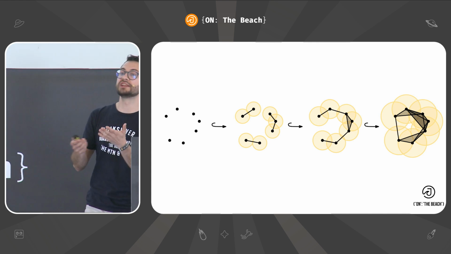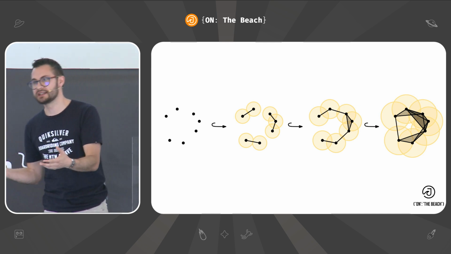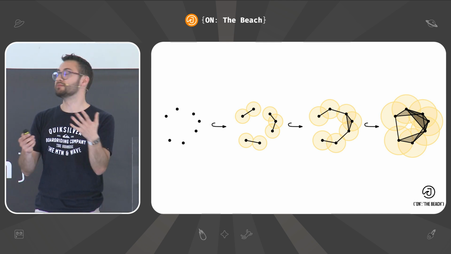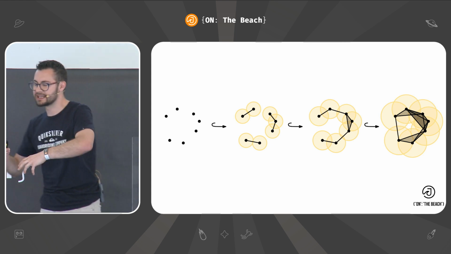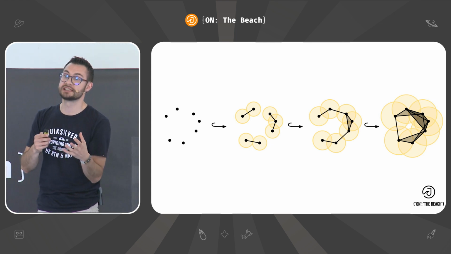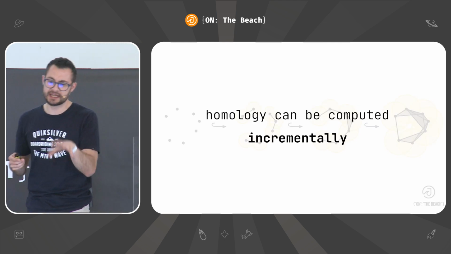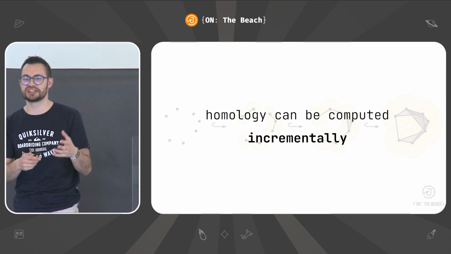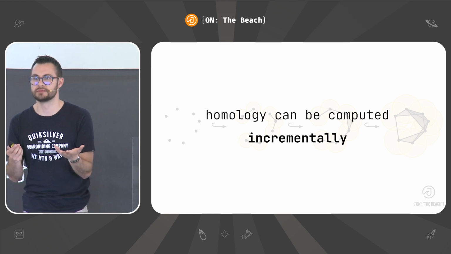It may be considered one of the richest and most successful theories in pure mathematics, as well as one of the most beautiful ones. And it knows how to handle spaces that grow, both in the geometric sense and in the computing sense. What this means for us is that we will be able to compute all this homology incrementally in something that is actually feasible.